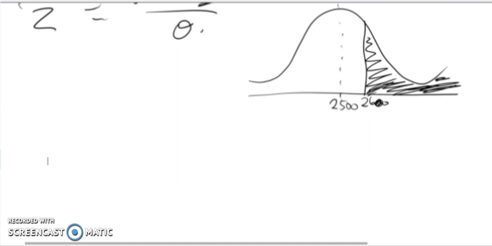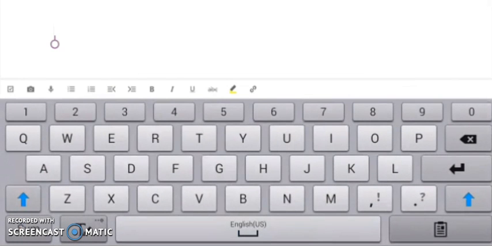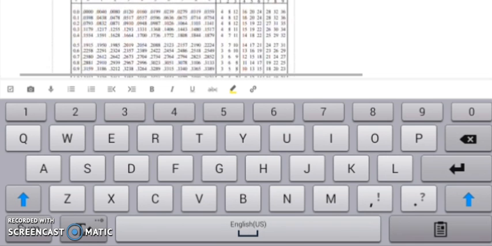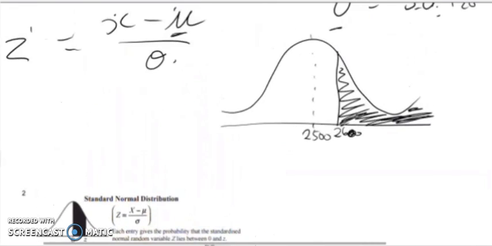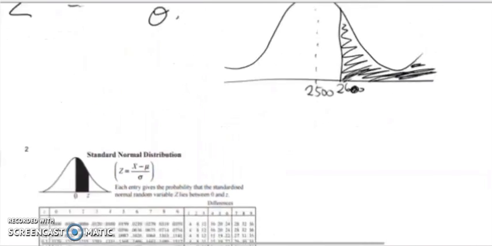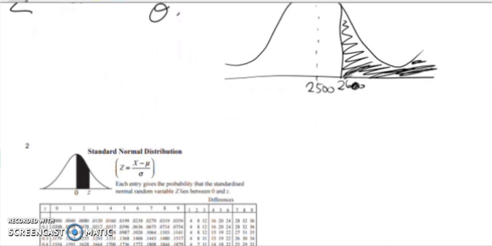I'll paste that table in here so we've got it handy. We've now got this picture at the top of our table. This picture shows us that the probabilities that we find from this table are between the mean and the z-score, between the mean and the number of interest to us.